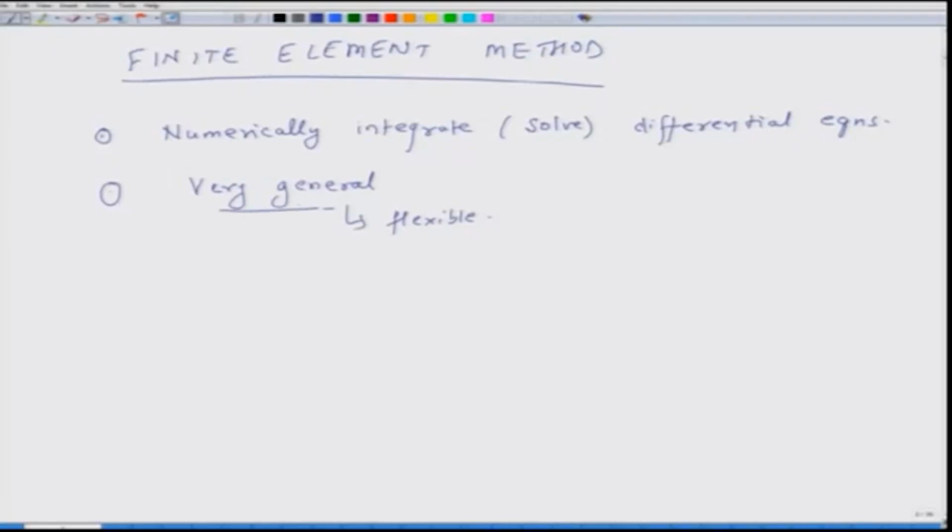If we understand the overall theory of the finite element method reasonably well, then we should be able to solve these equations, which capture the essence of several physical processes, with a fair amount of accuracy and reasonableness.